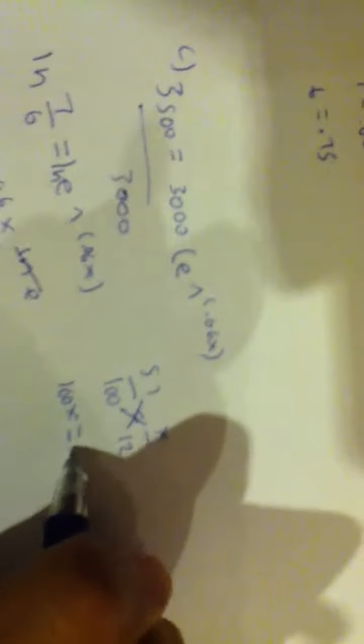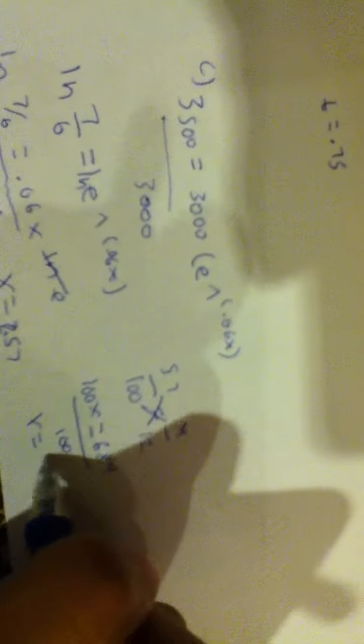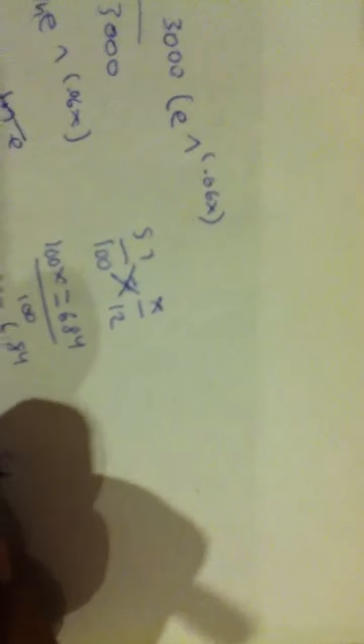So we cross multiply: 100x equals 684, divided by 100, and x equals 6.84. Now we have a decimal again, so we're just going to round up, and this becomes 7 months. So she's asking how long must she leave the money in the account if she wants $3,500, and the answer is 2 years and 7 months.